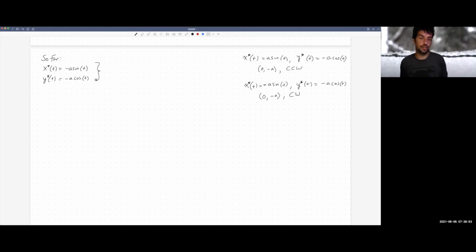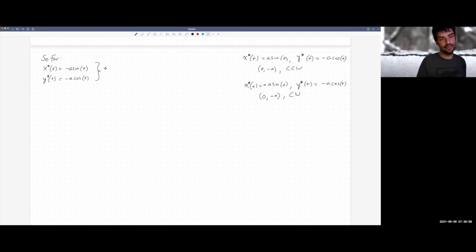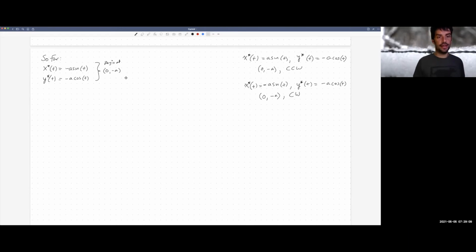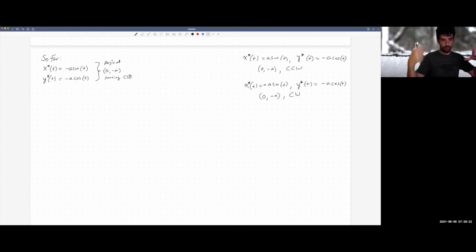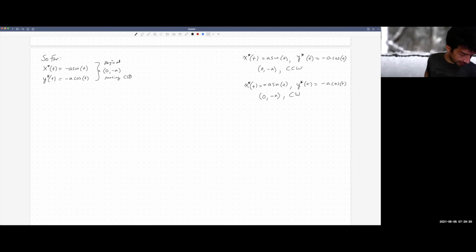So these are describing motion of a particle beginning at 0, negative a, if the beginning is at t equals 0, and then moving clockwise. Okay, so now we've got what we want. If we were traveling along with that wheel, we would see this. It's hard for me to figure out which way to do this in the camera, but imagine a circle, a particle rotating clockwise.